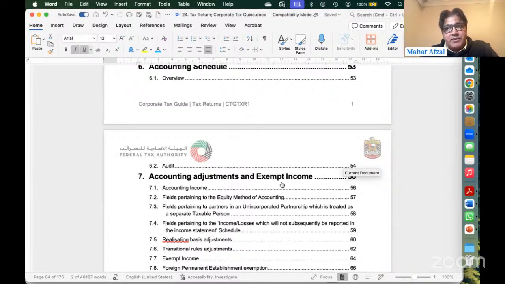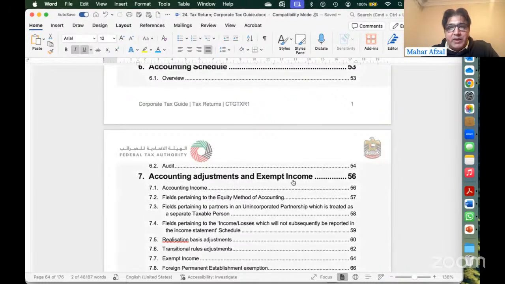Whenever you are addressing those questions, you need to address them very accurately, because based upon those questions, your taxable profits will be calculated and your tax liability will be ascertained. Each of those questions is principally the application of the corporate tax law. Unless you have a grip on the law, I don't think you will be able to understand the logic of each question and the impact of each question on your return.